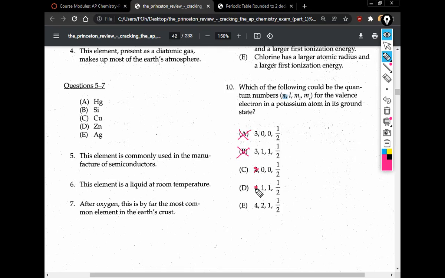Instead, we need to look at the L value, which is going to be the subshell. For the subshells, we usually use letters: S, P, D. We're not going to go to F because there's no F here. But S, does anyone remember what value S is? 0. Good. S is 0. So that only gives us one answer.